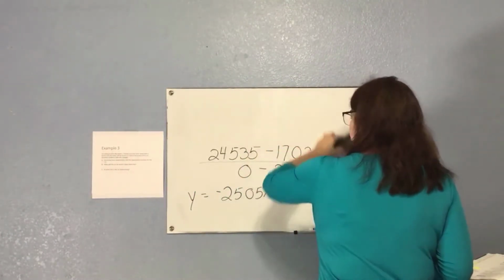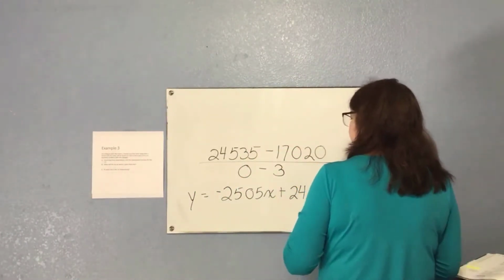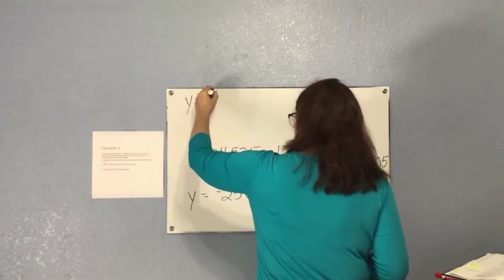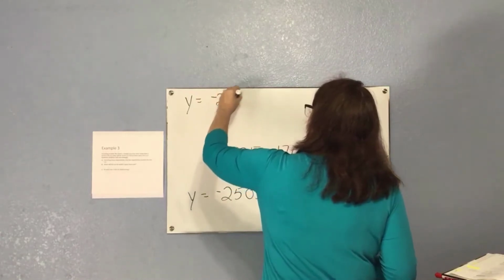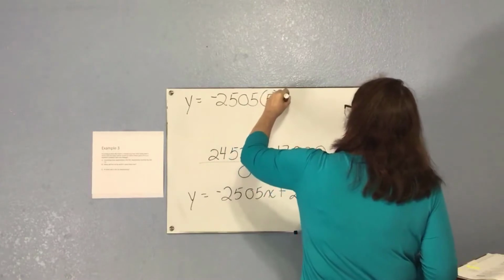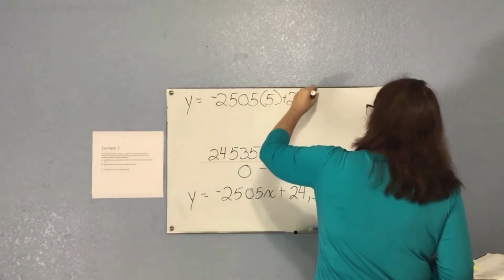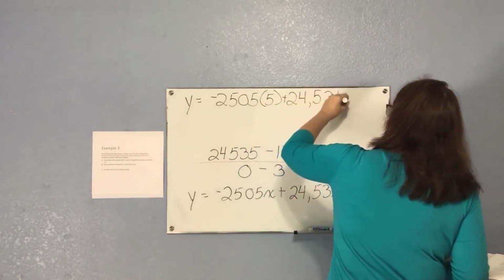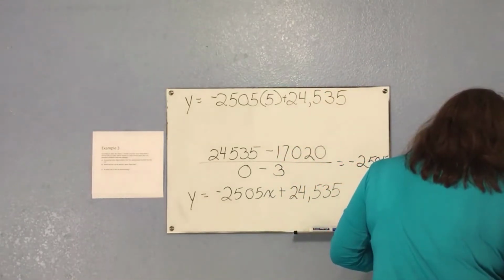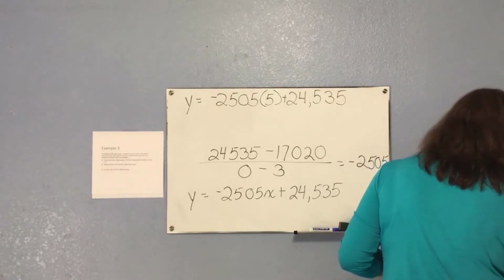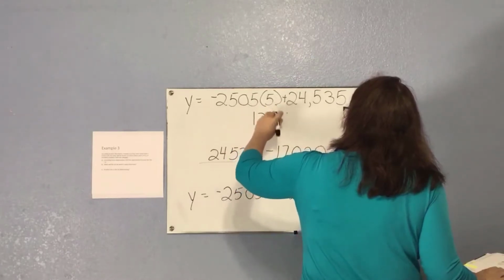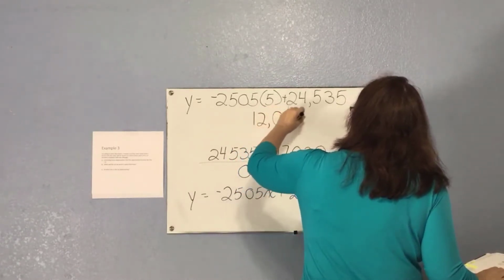All we need to do is put in a 5 here. I've got y equals negative 2505 times 5 plus 24,535, which tells me that in 5 years my car will be worth $12,010.